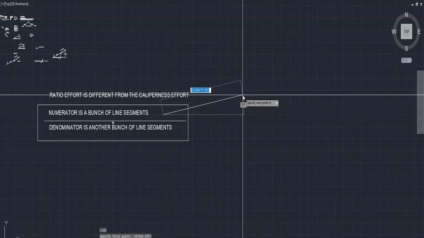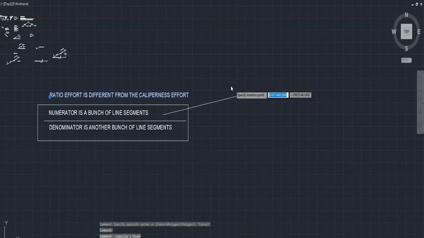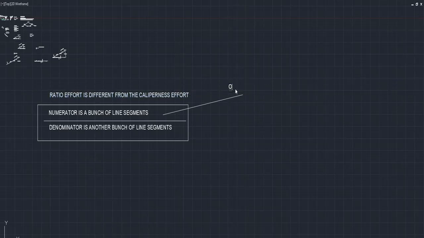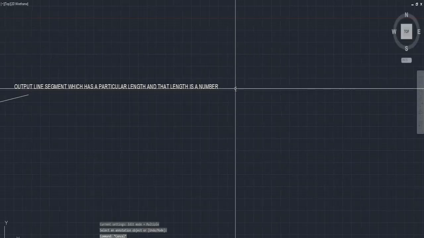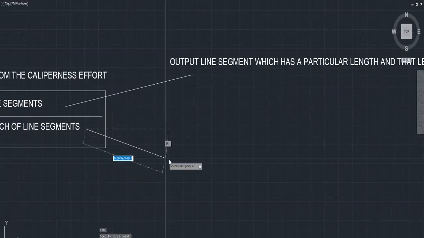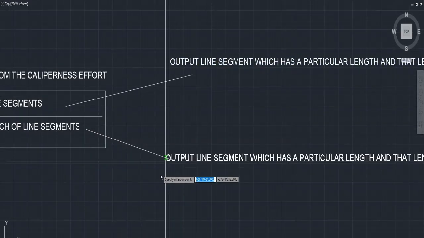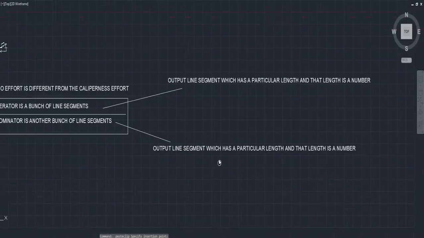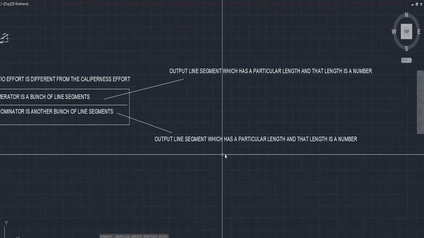It says that the numerator is found with an output line segment which has a particular length, and that length is a number. The denominator is also depicting some output line segment, which has a particular length and that has a number.